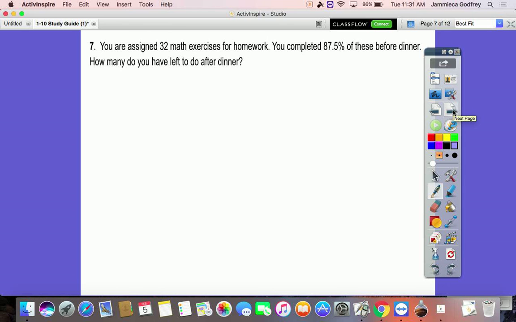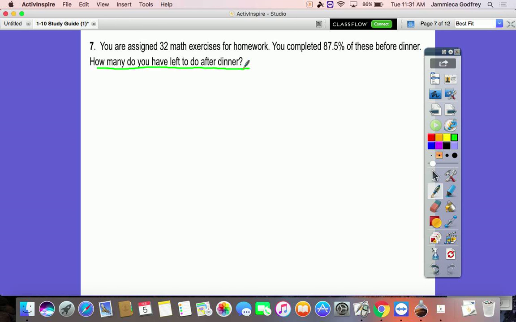Okay, you assigned 32 math exercises for homework. You completed 87.5% of these before dinner. How many do you have left to do after dinner? So you're looking for how many you have left. So you know you're going to have to do some subtraction here.